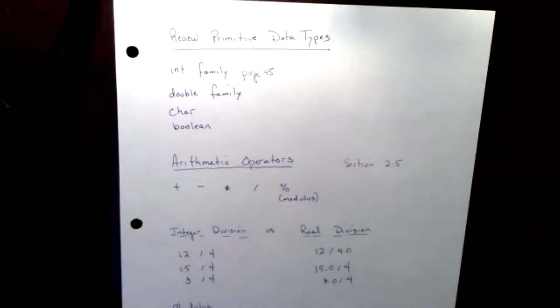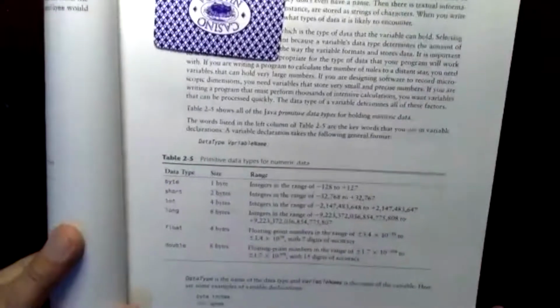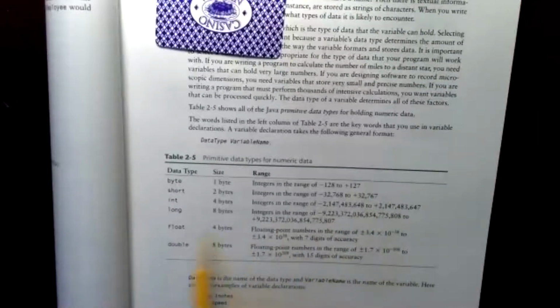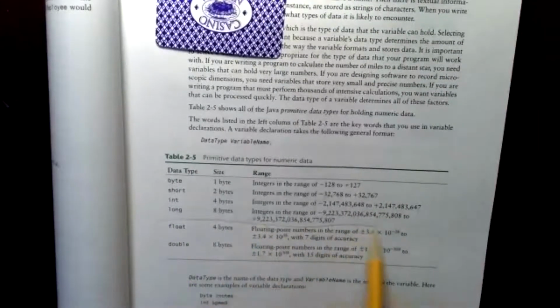I'm going to go in the book because I have a note about page 45. And here is the table. I'm going to split this table that way, which talks about ints.